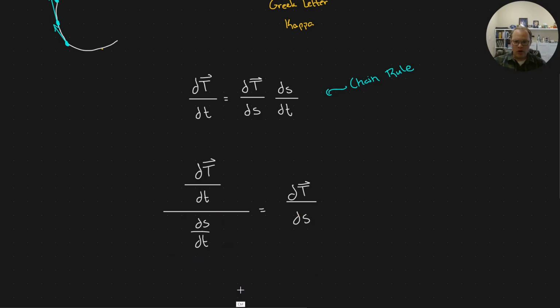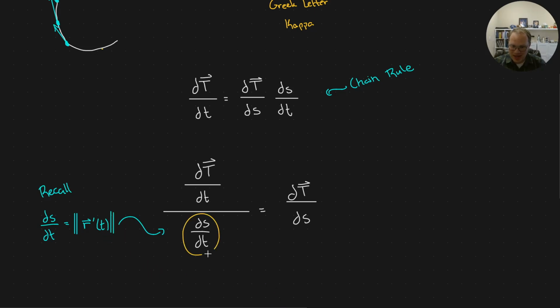Recall though that when we were dealing with our arc length function, the derivative of that arc length function with respect to the parameter t will always be the norm of the derivative of the parameterization in terms of t.